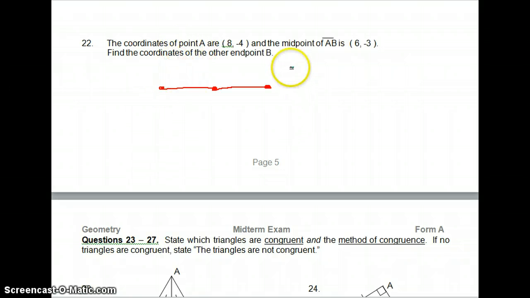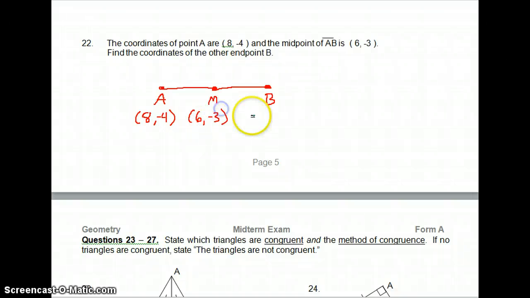We're given point A, and the whole line is AB. So A there, B here, and this will be the midpoint. Coordinates of A are 8, negative 4. Midpoint is what we're finding. And the midpoint we're given 6, negative 3, and we're trying to find the other endpoint.